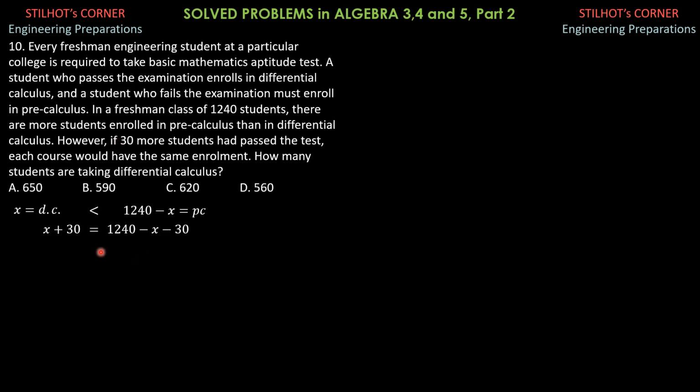Solving for X, simplifying first, X plus X after transposition is 1,240 minus 30 minus 30. So that's 2X equals 1,180. Then dividing everything by 2, X is 590. So there are 590 students enrolled in differential calculus.